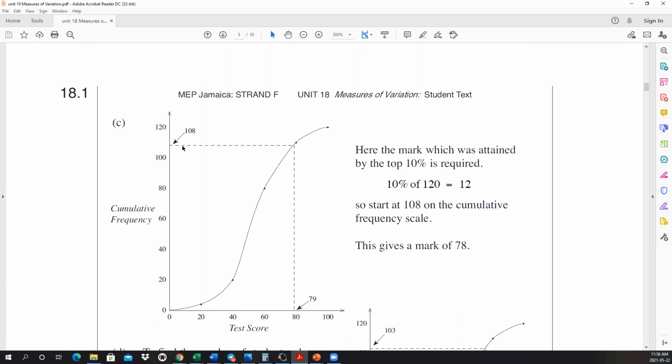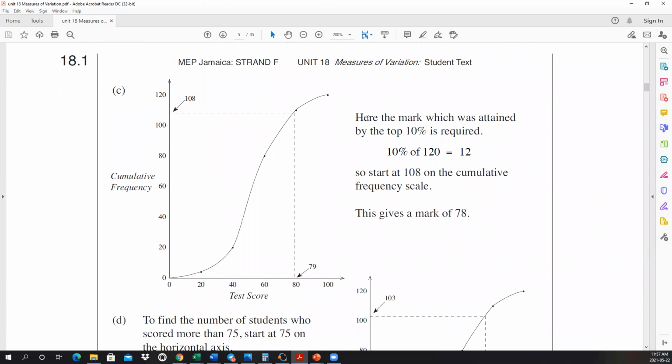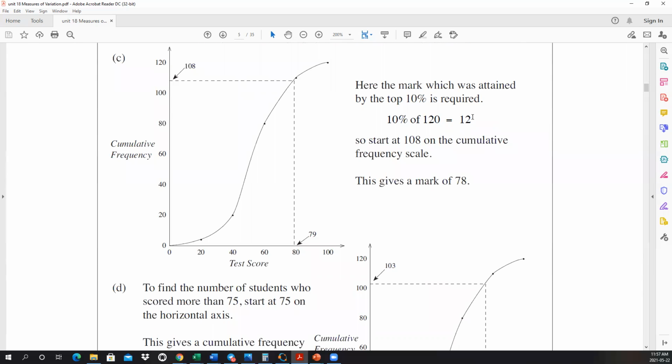They estimate it as 79, right? So the mark attained by the top 10%: 10% of 120 is 12, and you count from 120 down to 108, you come across to the line, you come down, and you get 79.